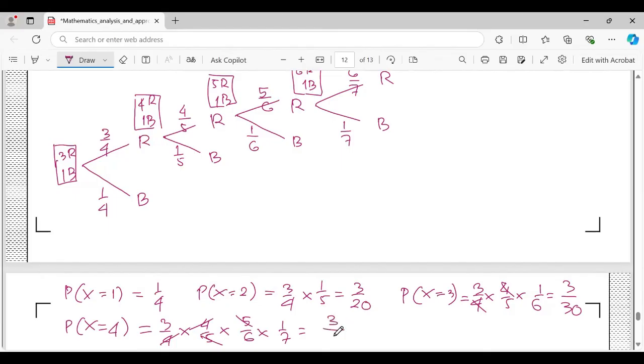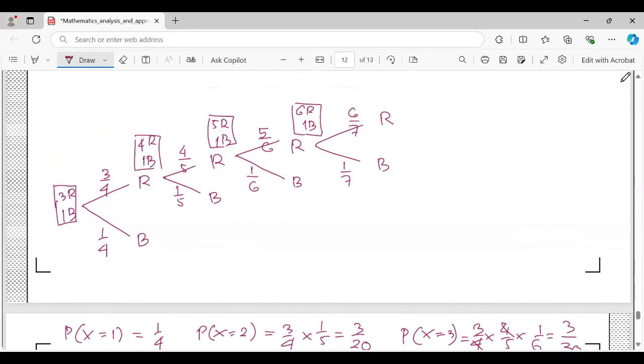Becomes 3 over 42. Next, the new condition becomes add 1 more red, 7 red and 1 blue.